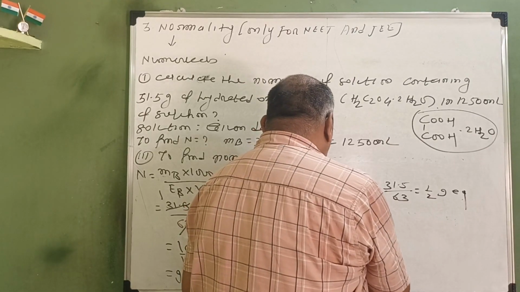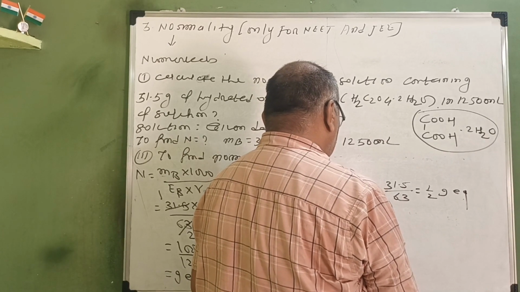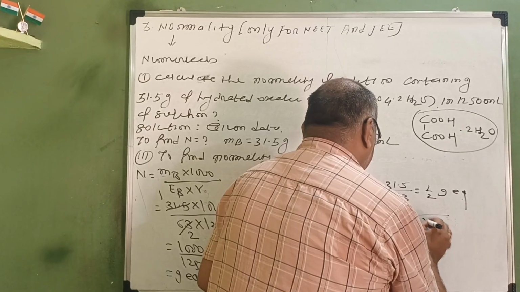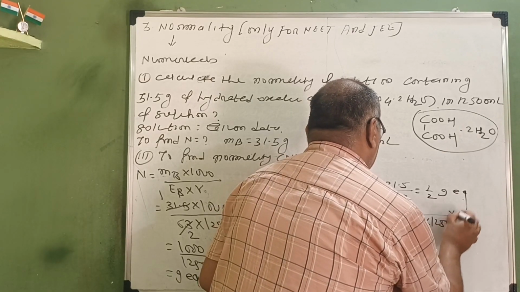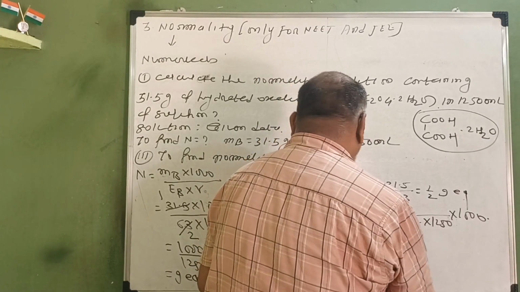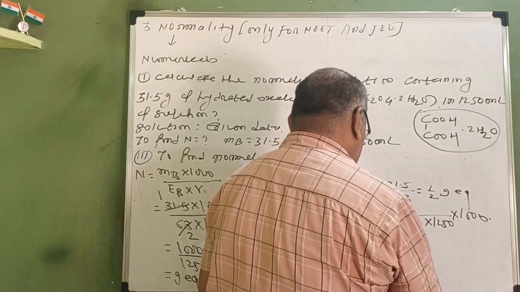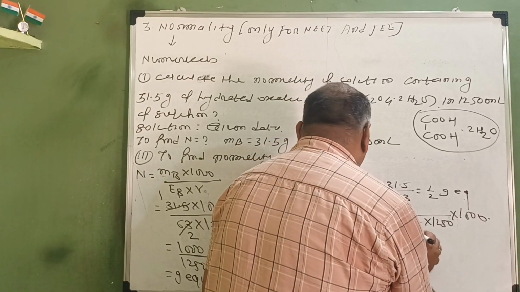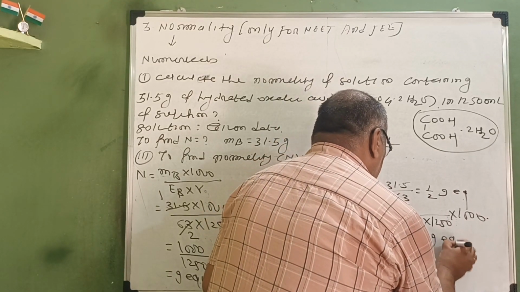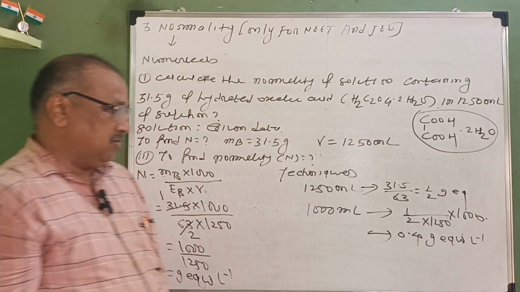Hence 1000 ml contain 1/2 upon 1250 into 1000, and here which is nothing but the 0.4 gram equivalent per liter.